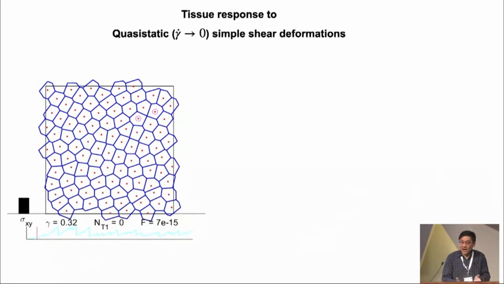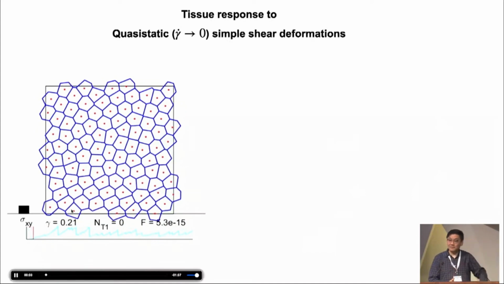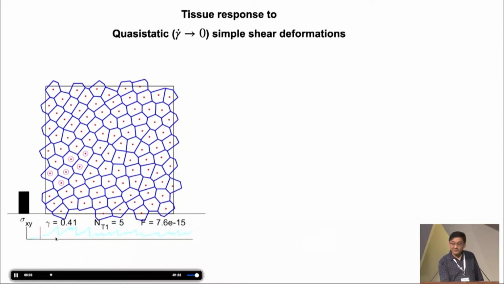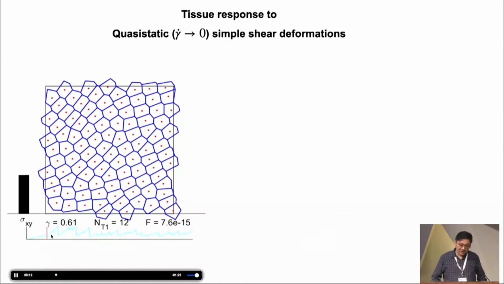One thing we have done recently is to simply shear a model tissue like this. And here is a movie of what is happening. I'm applying simple shear at the boundary, and the stress is evolving as a function of strain, pretty similar to the experiment I showed earlier.